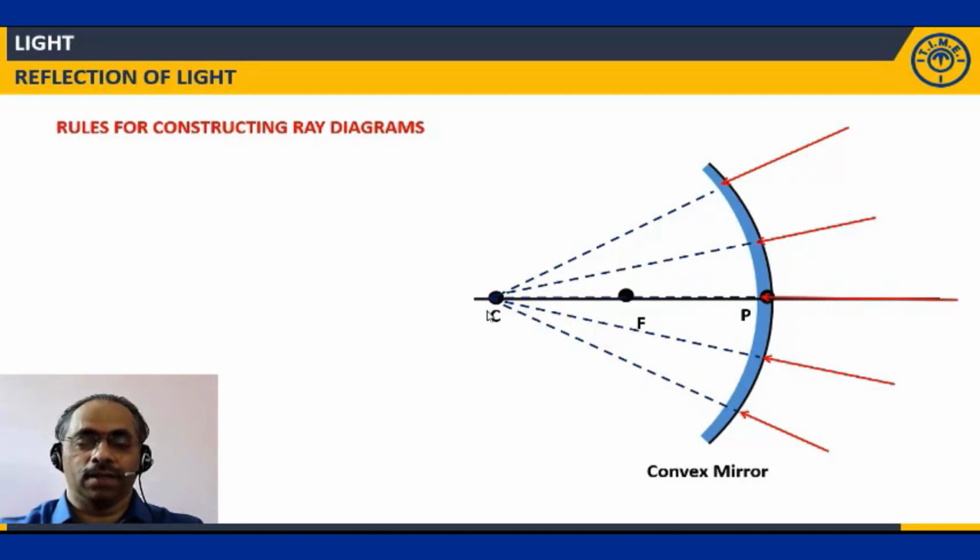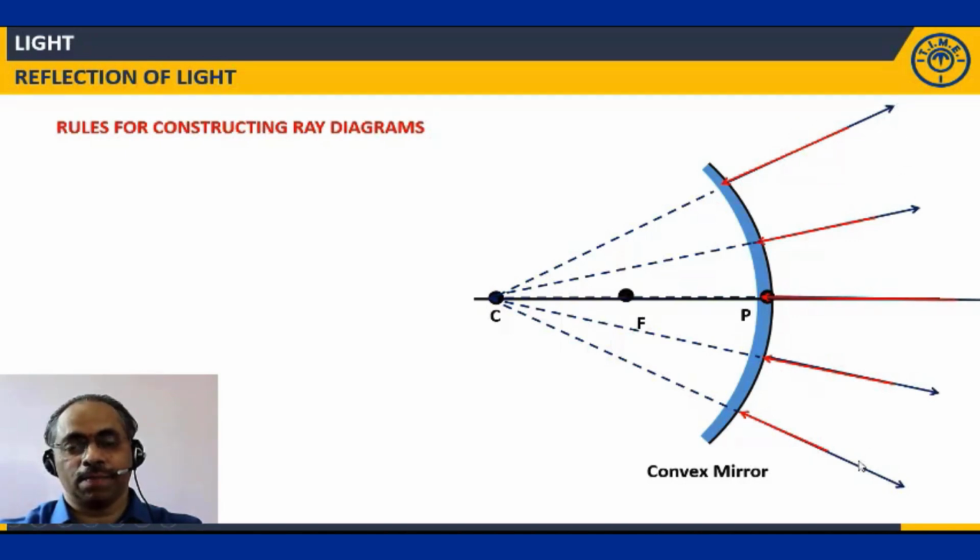Okay, fine. Now what will happen? Again the same phenomenon. They will get reflected from that point and they are again divergent. So whatever light ray is incident on the convex mirror, directed towards the center of curvature, will retrace its path. Very clear, right? Able to understand? So these are some of the rules for construction of ray diagrams. Clear?